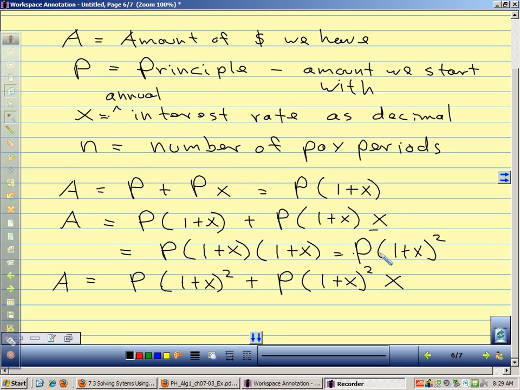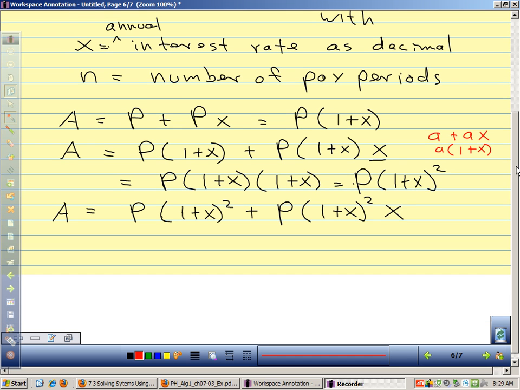Just think of P times 1 plus X as A. So in this expression I have A plus A times X here. If I factor out an A, I get A times 1 plus X. Does that make sense? So here my A is just P times 1 plus X. I just have a more complicated thing for A.